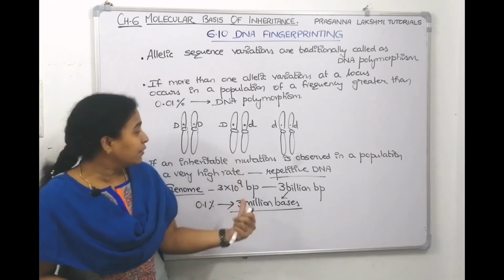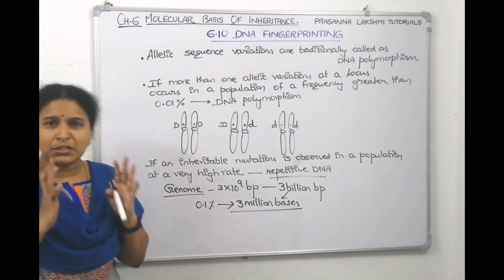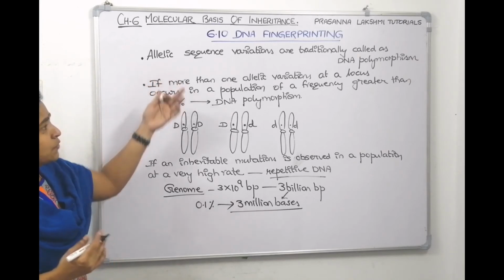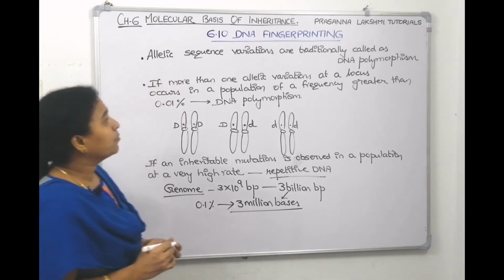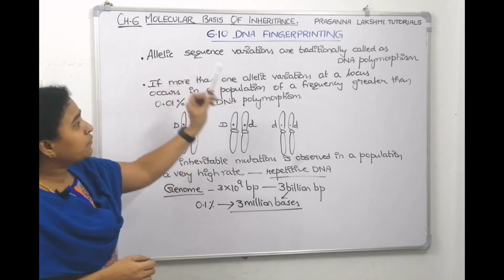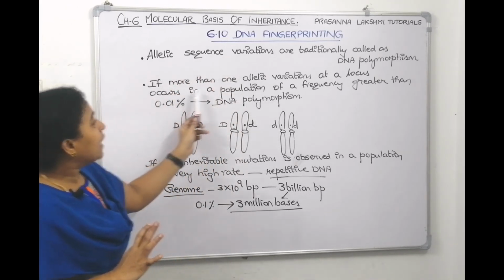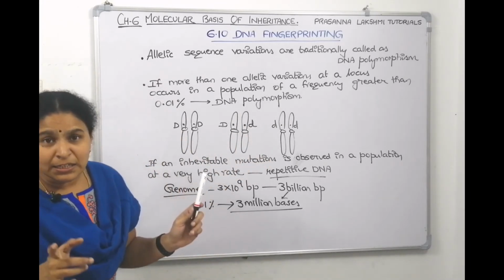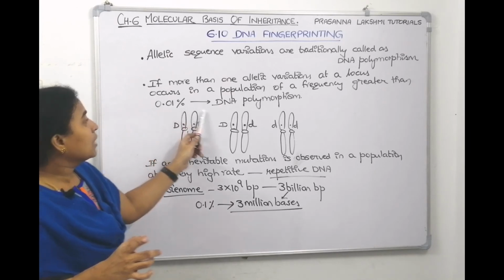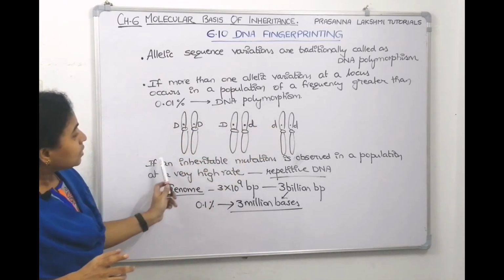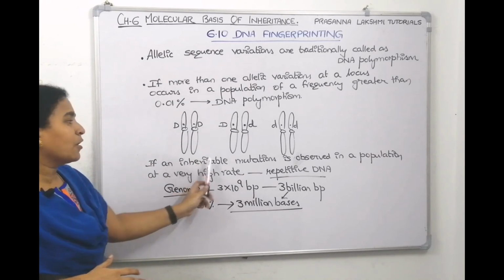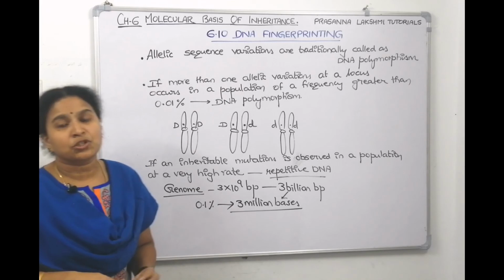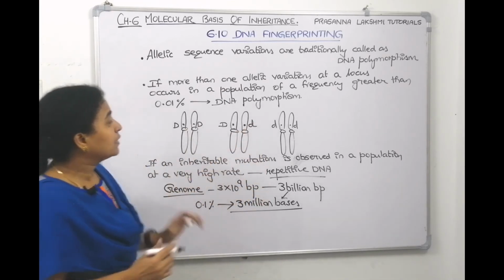Understood? So what did we cover till here? We are talking about polymorphic DNAs and satellite DNAs. We are seeing other ways of explaining polymorphic DNAs. If it is an allelic sequence variation, that is also polymorphism. If the allelic variation on a locus in a population occurs at a frequency of 0.01%, that is polymorphism. These are running in populations because they are heritable and repeated, and these repetitions help us to identify polymorphic DNA.